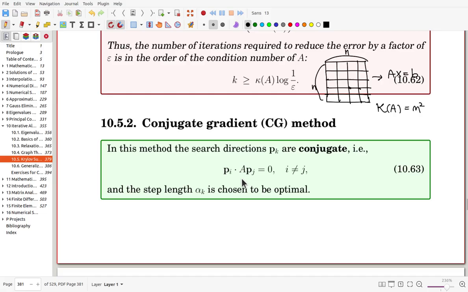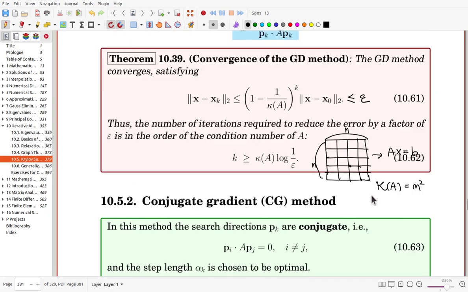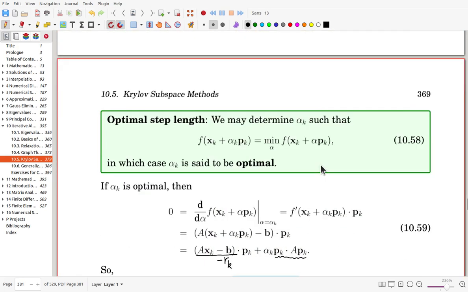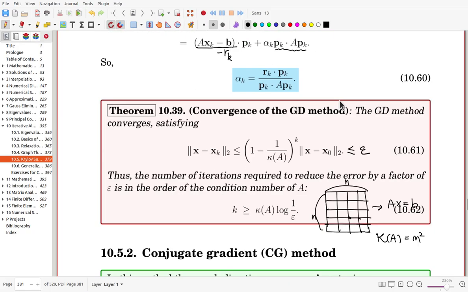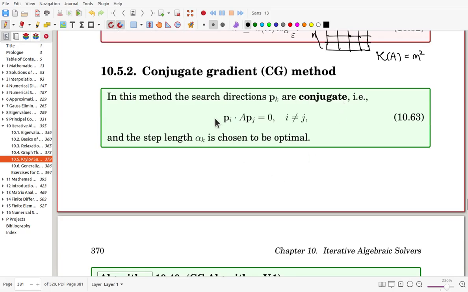Of course, in each iteration, alpha k will be chosen to be optimal. We consider this optimal strategy here by using calculus technique. We try to get alpha k such that this function is minimized. Okay. So we want to get the search directions satisfying this equation. The search directions are conjugate.